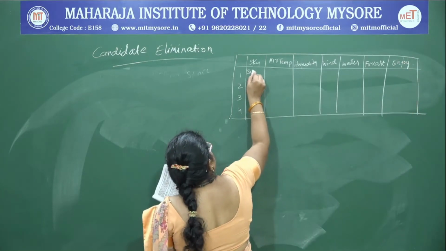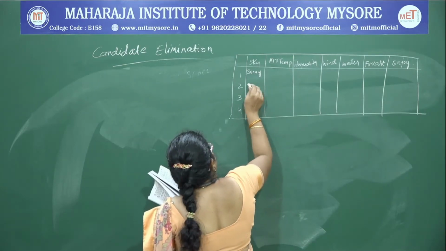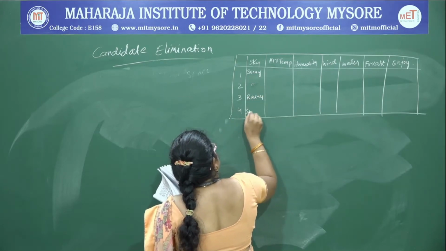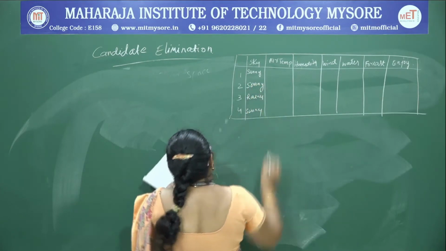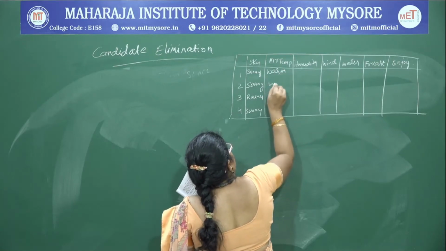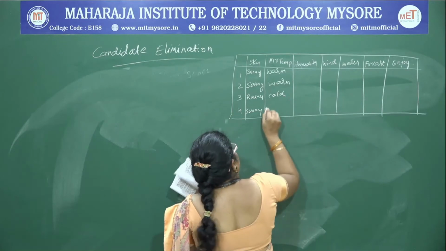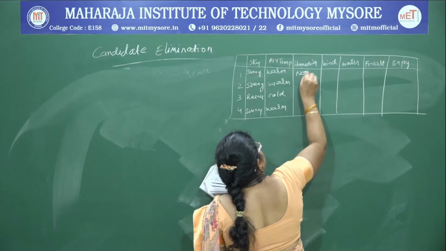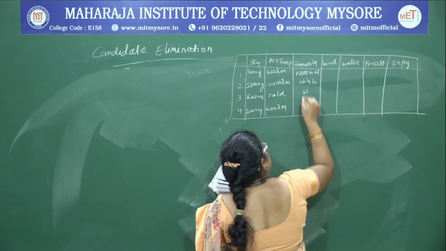Sky is sunny, sunny, rainy, sunny. Next, air temperature is warm, warm, cold, warm. Next, humidity is normal, high, high, high.